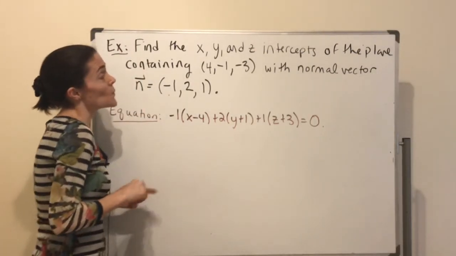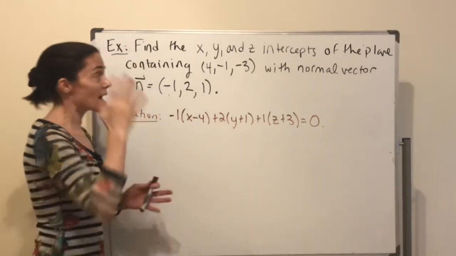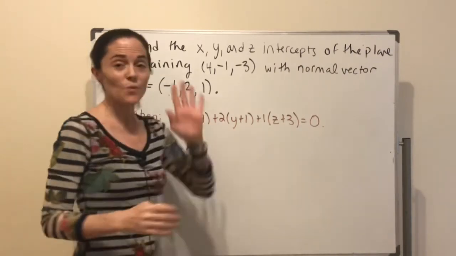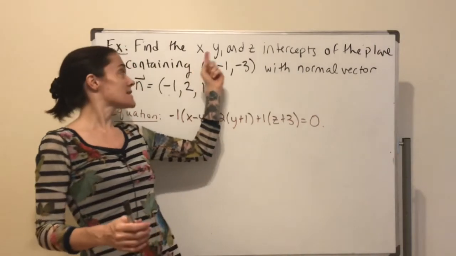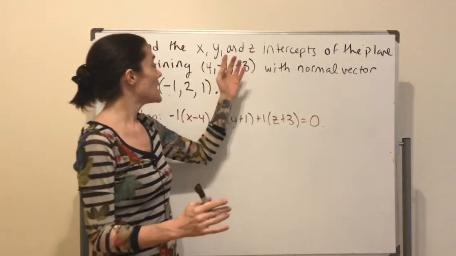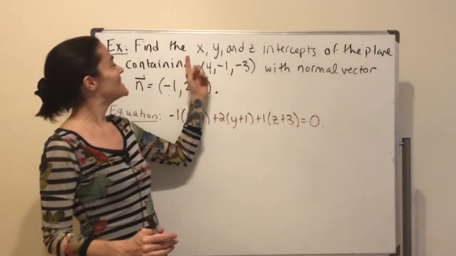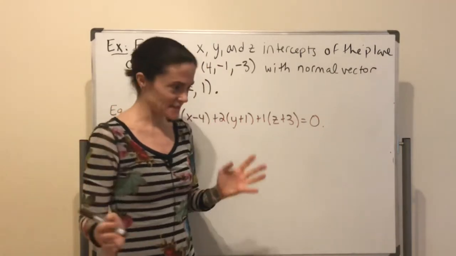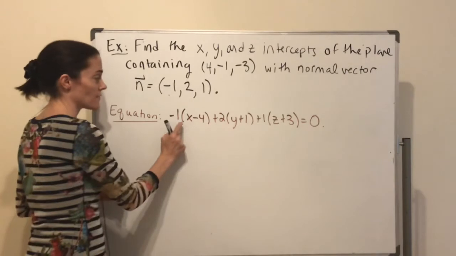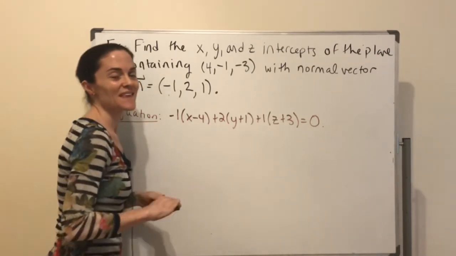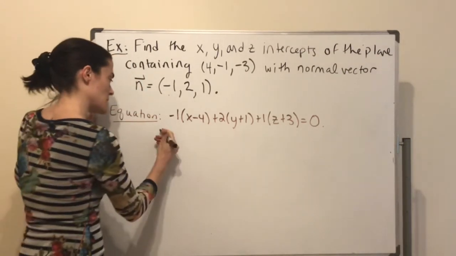But, well, the x-intercept, for example, has y and z equal to 0. The y-intercept has x and z equal to 0. And the z-intercept has x and y equal to 0. So it's going to be a little bit easier to solve if I rewrite the equation of the plane.